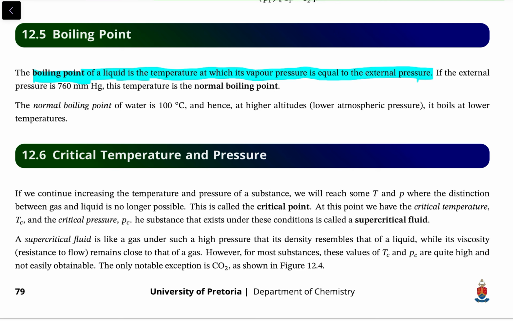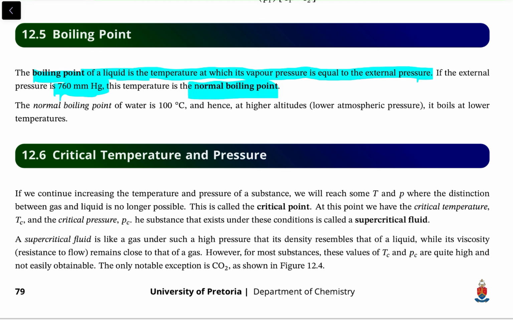So if the external pressure is 20 millimeter mercury, then your liquid will boil at whatever temperature the vapor pressure will be 20 millimeter mercury. Okay. And then as we said, if the external pressure is 760 millimeter mercury, which is then 1 atmosphere, we define that temperature as the normal boiling point.